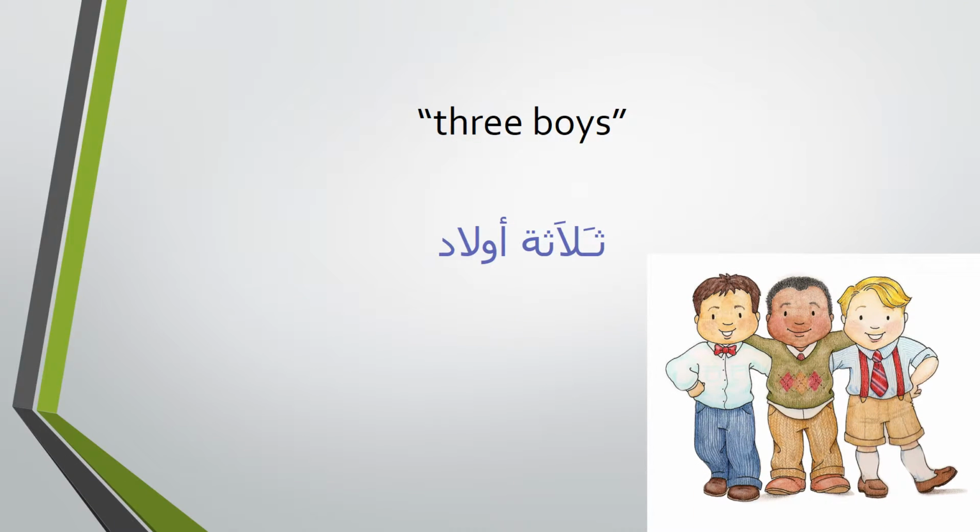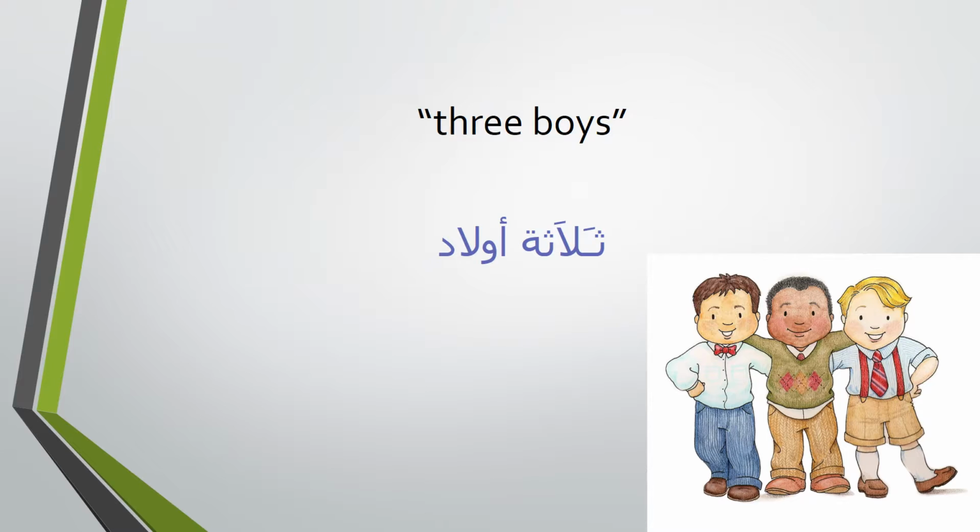With any numbers 3 or higher, you say the number and then the noun. This actually makes an idafa, but you don't need to worry about using the al or the kesra tanween for the second word now, as it's not as common in the spoken dialects like Shami, but you can if you want to. And this video will use both just to get you familiar with the concept.